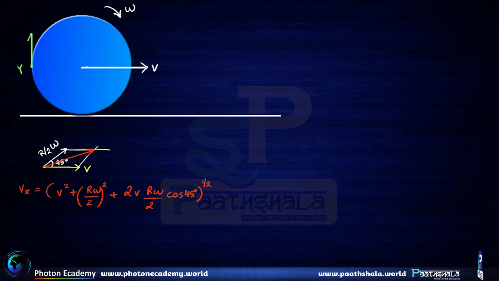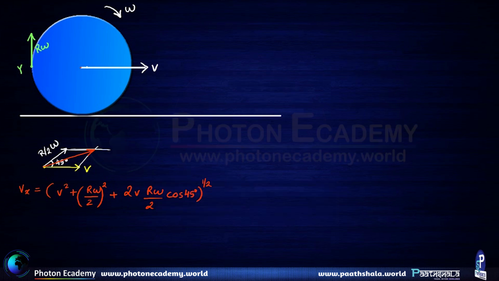So its velocity is going to be equal to r omega in the vertical direction, that is its rotational velocity. Also y will have a tendency to move towards the right hand side because of translation. So v is the velocity of point y towards the right hand side.